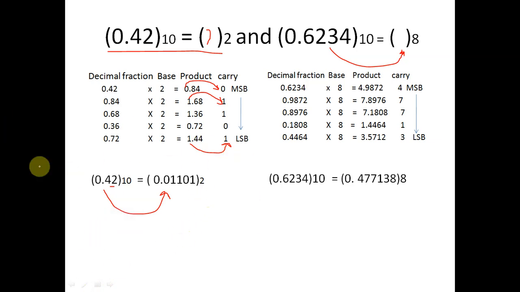Now 0.6234 is converted into an octal number as it is.